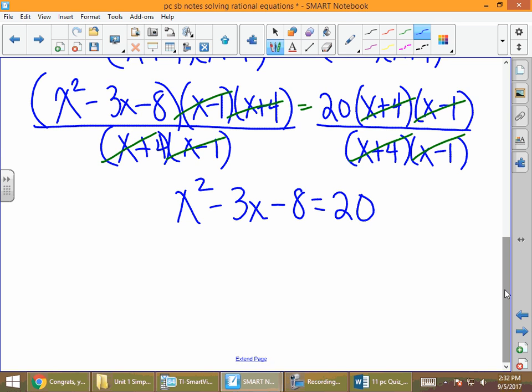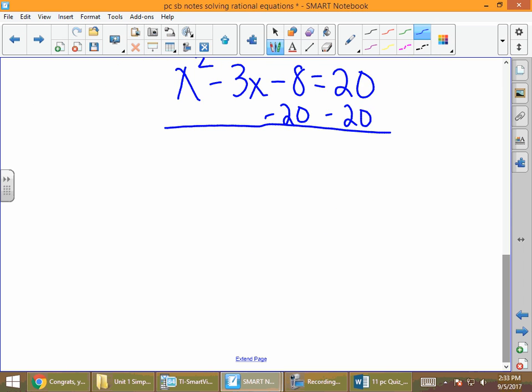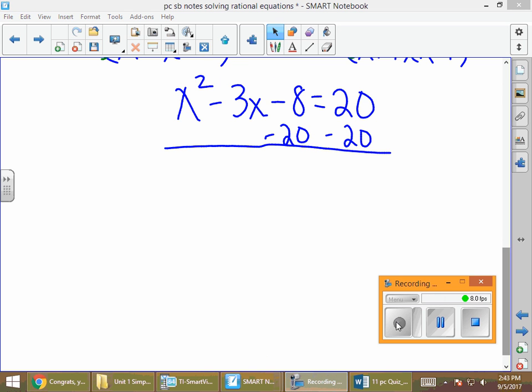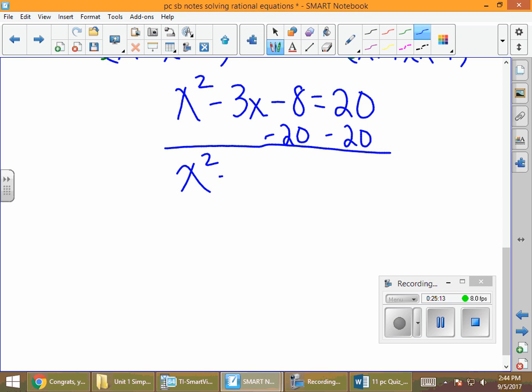And when we subtract the 20 from both sides, so going back here, we're subtracting the 20 from both sides so that we can get this equation set up so that we can factor.